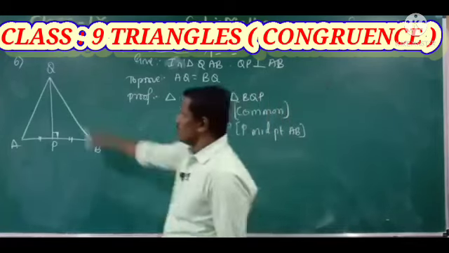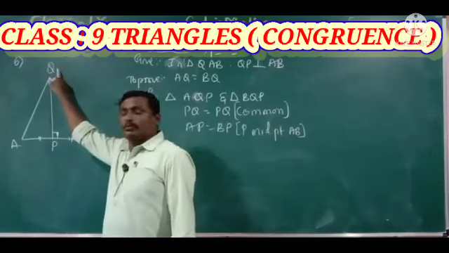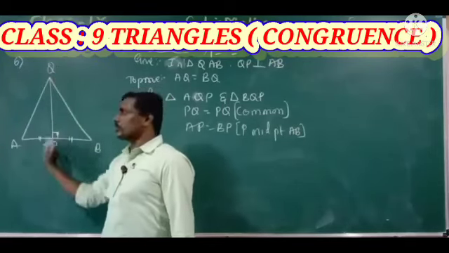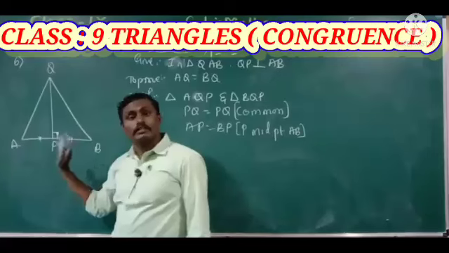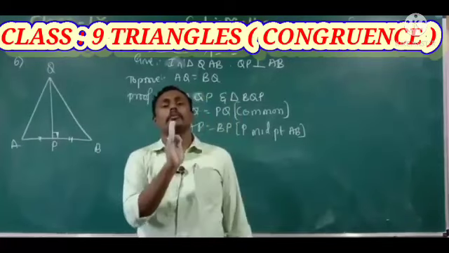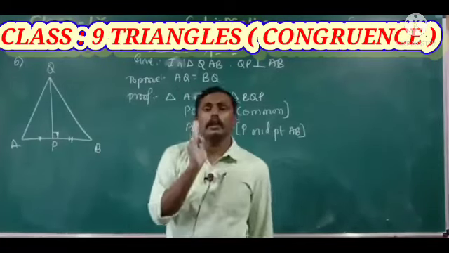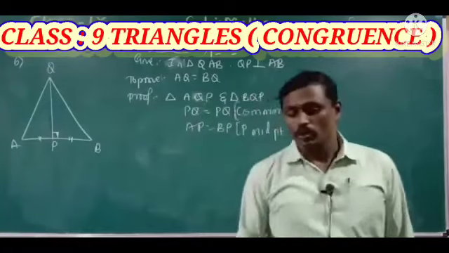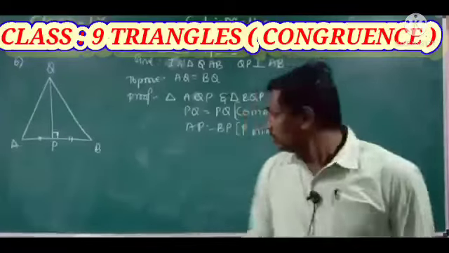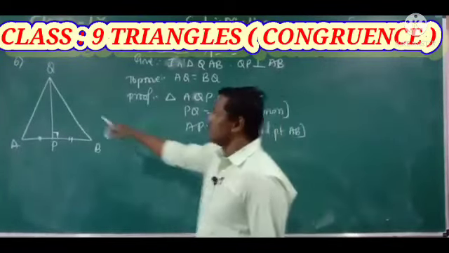The line drawn from Q to P, QP, is perpendicular to AB, and it is not only perpendicular, it also bisects the line AB into two equal parts.